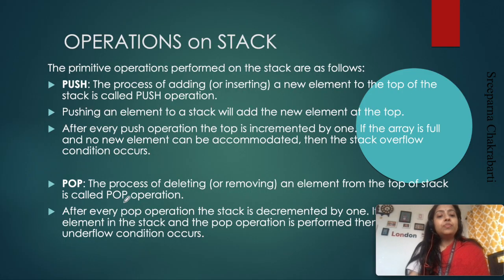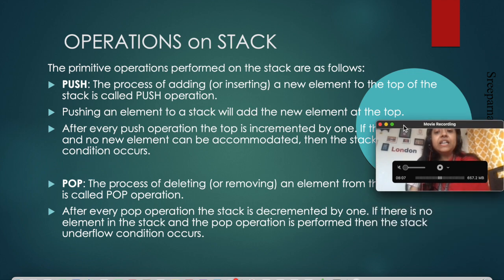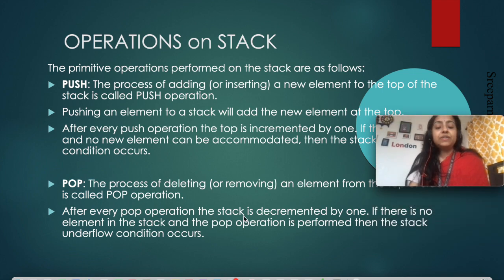Now we are coming to pop. The process of deleting or removing an element from the top of the stack is called pop operation. After every pop operation, the stack is decremented by 1. Here it means that the top is decremented by 1.